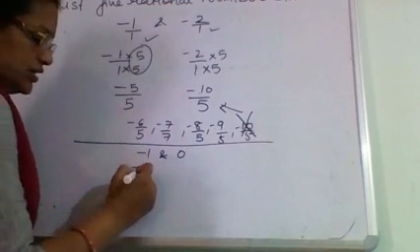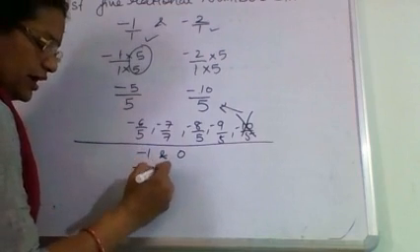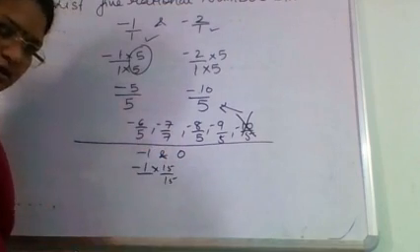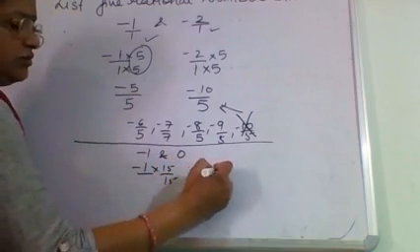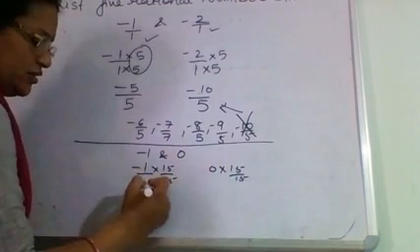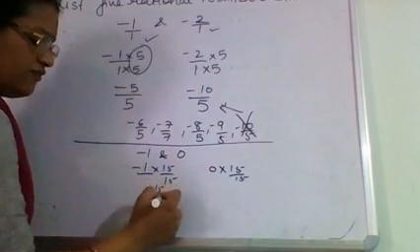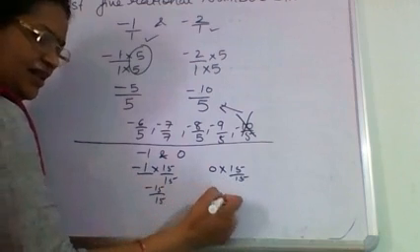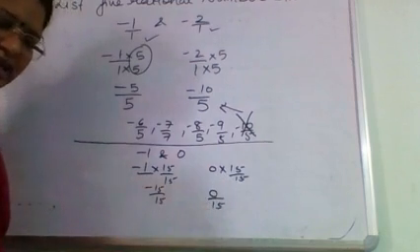So it is -1. I can write it as -15 over 15. And what about here? This can also be written as 0 over 15. So this is -15 by 15, and here it is 0 by 15. For my sake, I can write like this.